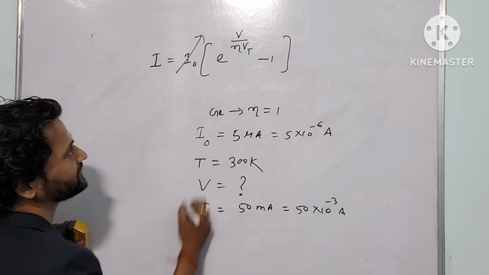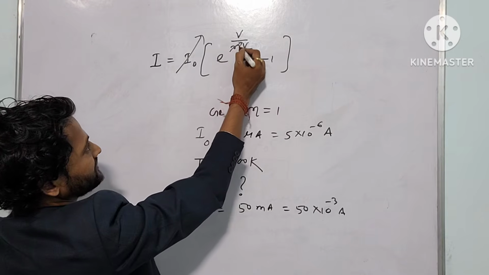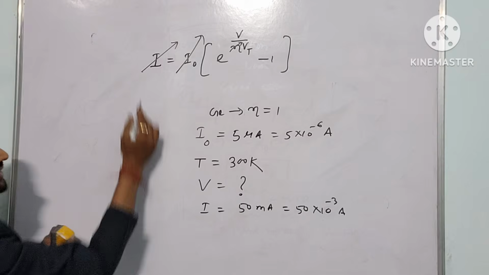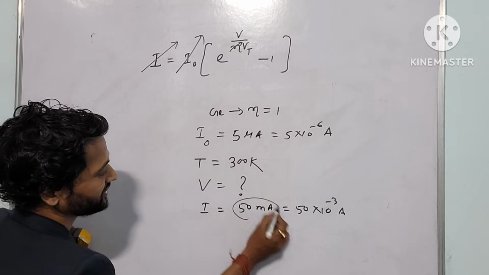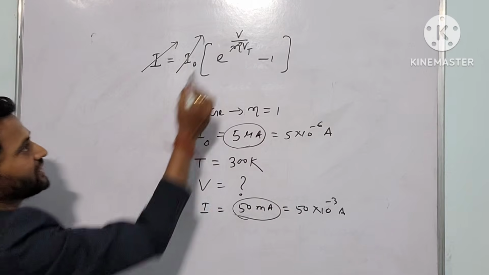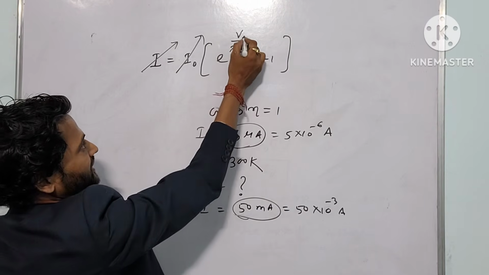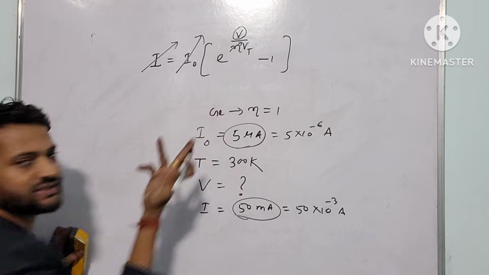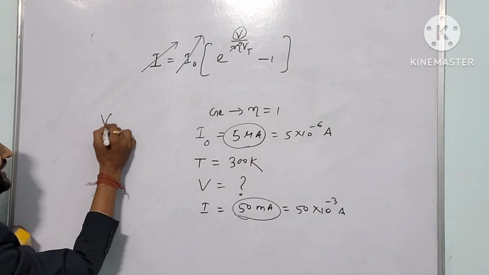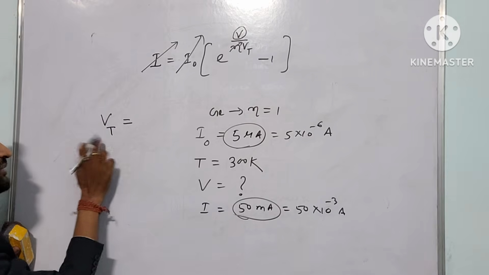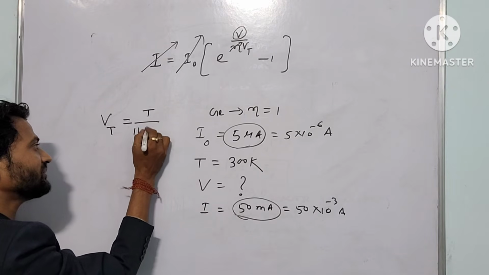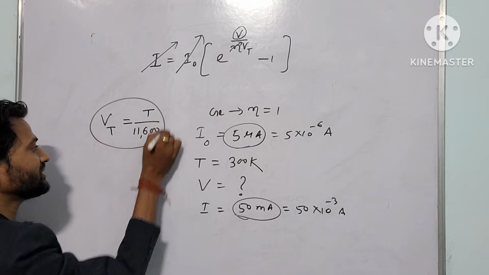Eta value is 1. So मतलब eta is given and I also given. I is given 50 milliampere. I naught is given 5 microampere. Eta is given. You have to find out the applied voltage, but Vt is not given. बट टेम्परेचर इज गिवन. मैंने क्या बोला था, Vt का फॉर्मूला याद करो, Vt इज T अपॉन 11,600, ये याद रखना.